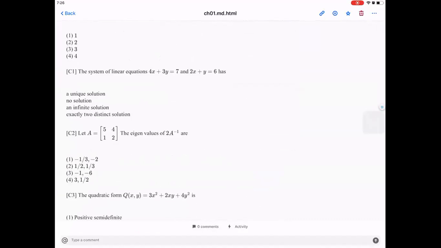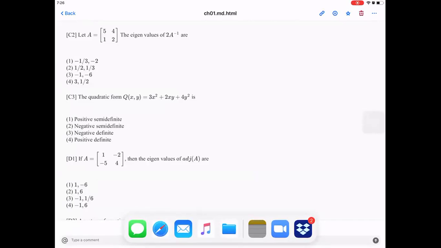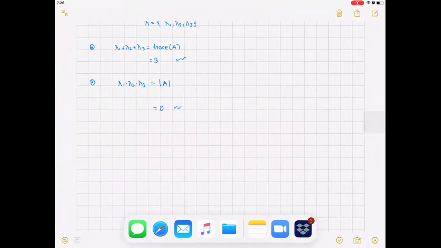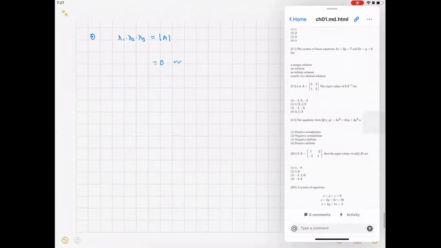And look at this another problem here. So A is given, and the eigenvalues of 2 into A inverse is asked. So maybe I'll copy down this problem. 5, 4, 1, 2 is a given matrix, and eigenvalues of 2 into A inverse is asked.